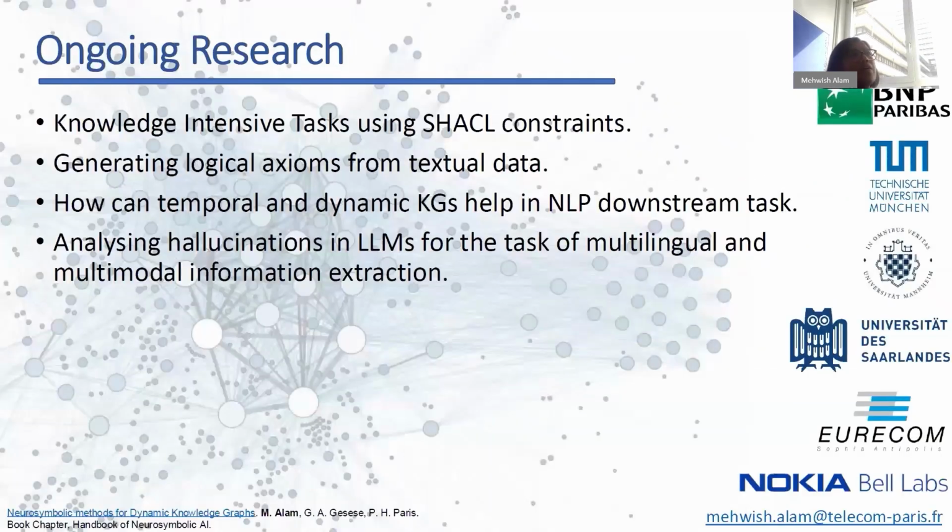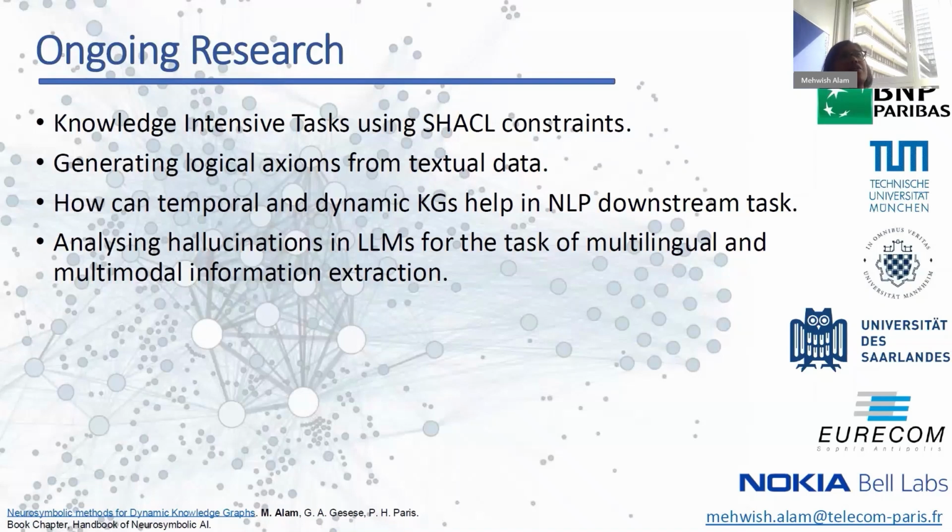So what is ongoing now are some of the things that I had been talking to you about in the breaks. One of the things that we are currently looking at is information extraction, what I call knowledge intensive tasks here, just to generalize. What we are trying to do is to look at the SHACL constraints for this.